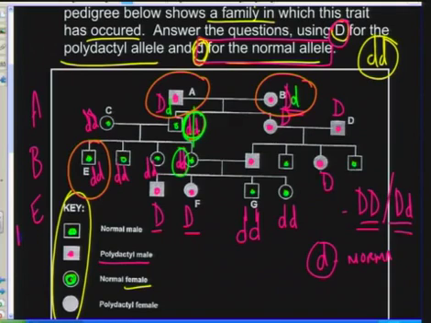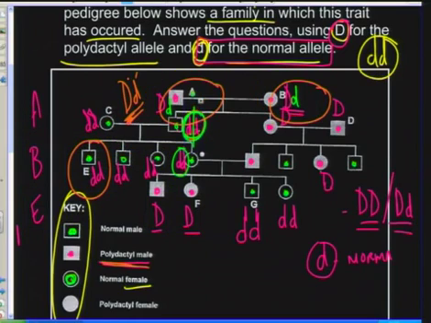If we look at A, how did we come to the deduction that A was capital D, small d? Firstly, because he's polydactyl, he's shaded, he has to have one capital D, which we have allocated to him. We're not too sure what the other allele could be, but looking at the offspring, this is a normal male, and a normal male in this condition is represented using small d, small d. We asked ourselves the question, where does the small d come from?